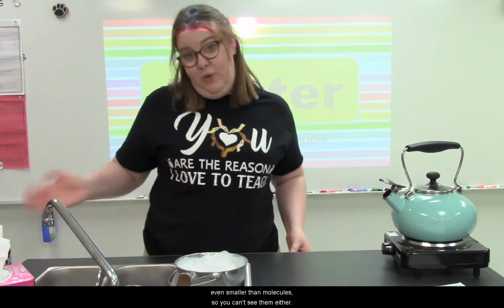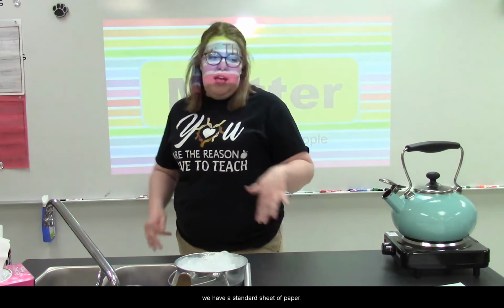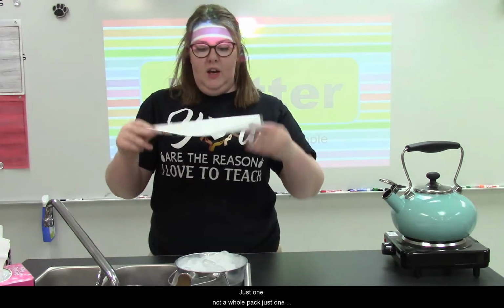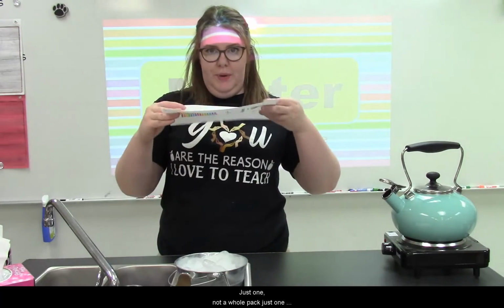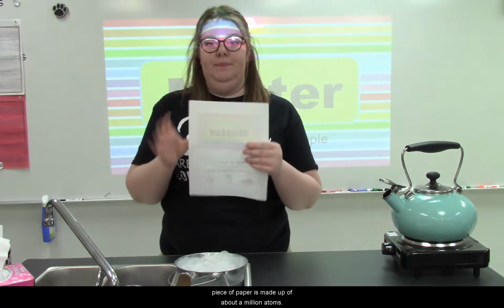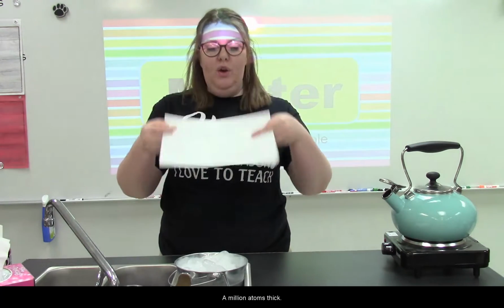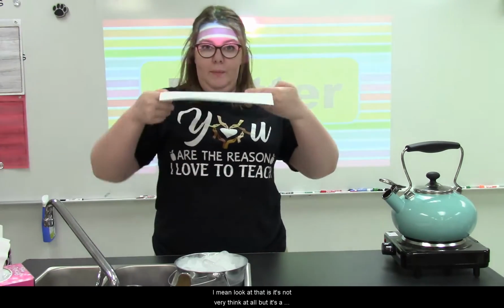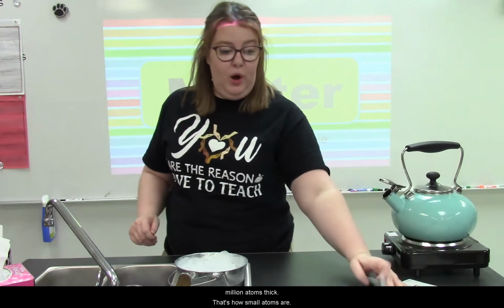Molecules are made up of tiny atoms, and atoms are even smaller than molecules, so you can't see them either. For example, we have a standard sheet of paper. Just one piece of paper is made up of about 1,000,000 atoms. A million atoms thick. It's not very thick at all, but it's 1,000,000 atoms thick. That's how small atoms are.